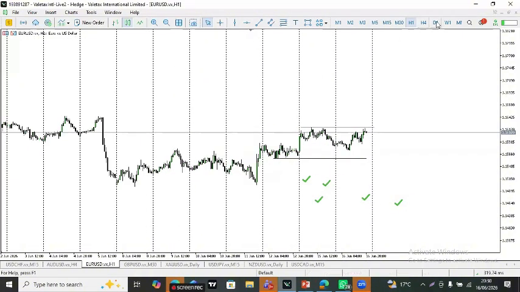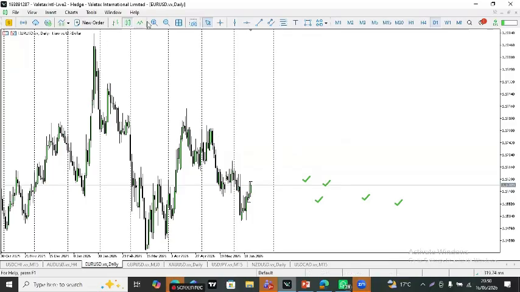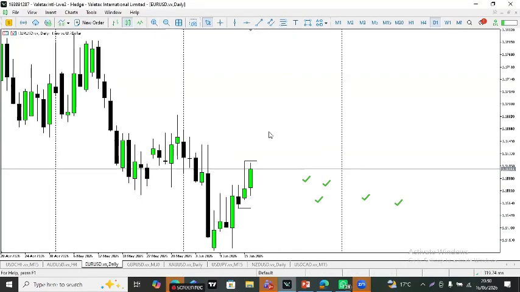Now, first and foremost, the trick, guys, is that you start with a longer time frame, here being the daily time frame. On the daily time frame, you pick a candle. Each candle here represents 24 hours of trading activity.